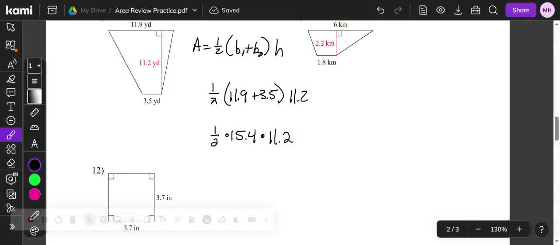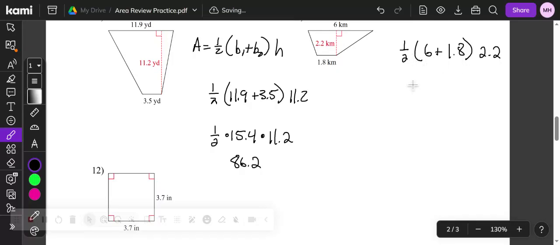So 1/2 times 15.4 times 11.2 is 86.24, so it'll be 86.2. Same thing here, 1/2 base 1 plus base 2 times the height.